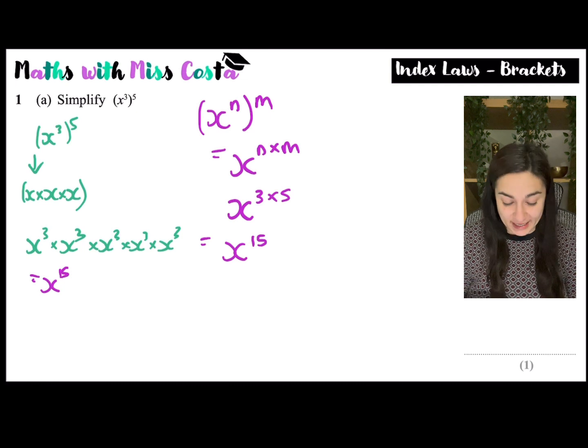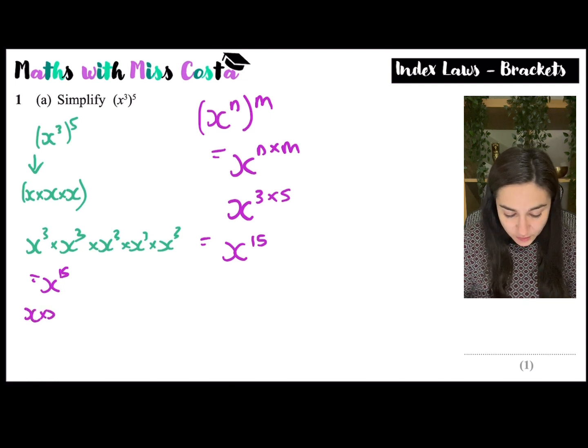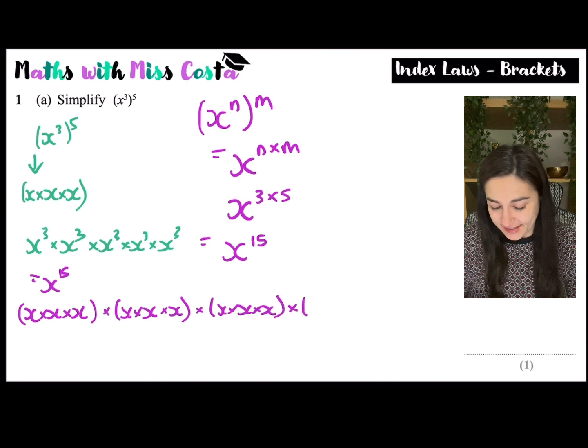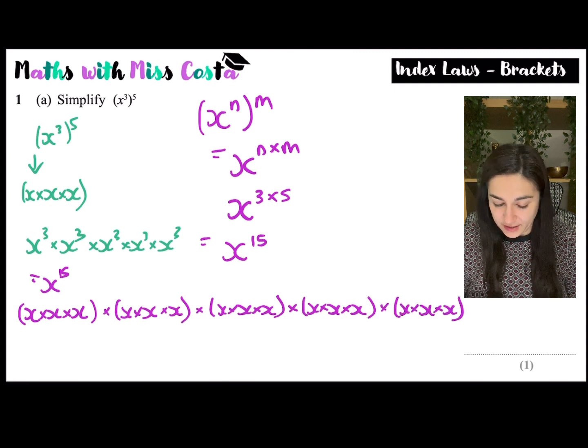I could expand this even further if you really wanted to. So write out x times x times x 5 times, and then you see exactly why. It's a slightly laborious process, but here we go. So here you go.